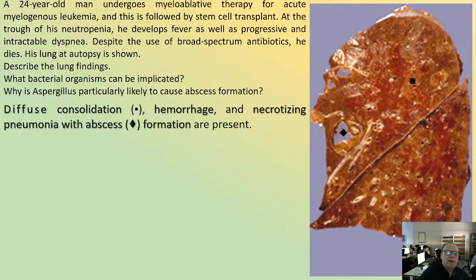And in such patients, you see, yes, this is how diffuse the consolidation is. Almost the whole lung has been affected, and there is hemorrhage, as you can see, and necrotizing inflammation with abscess formation.